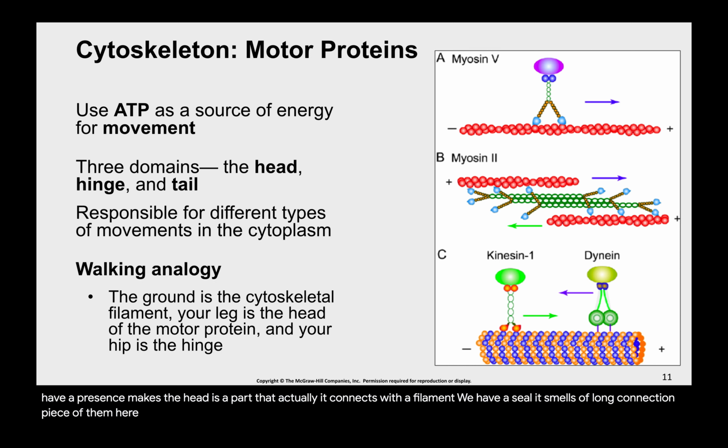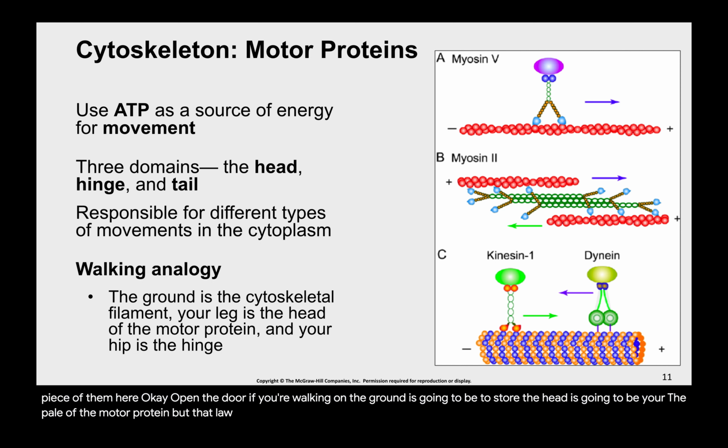And then they also have a hinge. The hinge is kind of like the source of the movement. A good analogy is if you're walking on the ground. The ground is going to be the filament. The head is going to be your feet, so it's physically attaching yourself to the ground. Now the legs would be the tail of the motor protein.